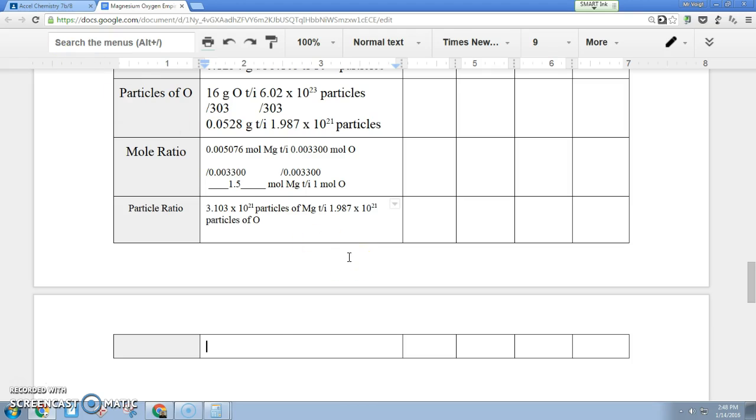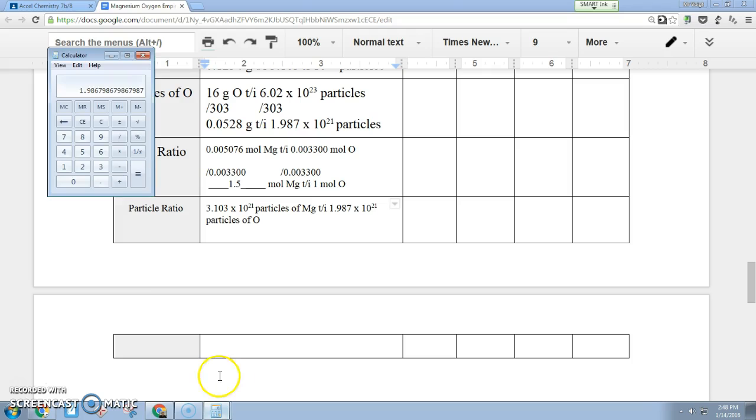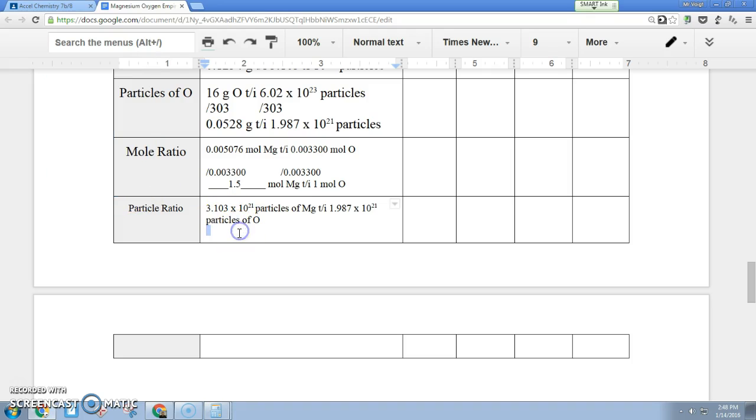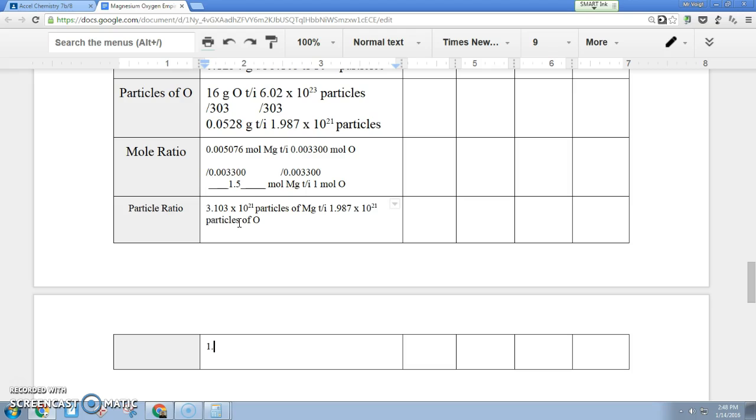So again, I'm going to divide them both by 1.987. And I can do 3.103 divided by 1.987. Oops, I forgot my 1. Why is this not working? 3.103 divided by 1.987 equals, again, 1.5 particles of magnesium. There is 1 particle of oxygen.